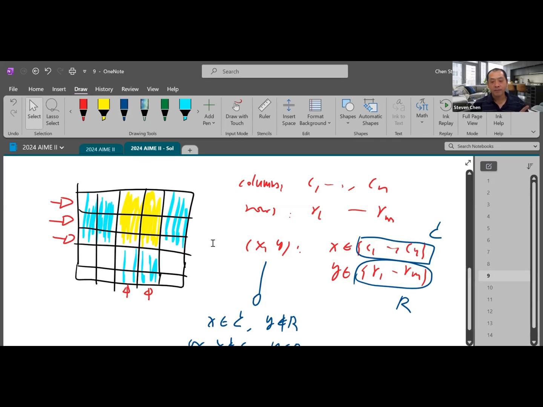Why? Just think about the following thing. Let's look at the top left corner blue cell. Suppose we put a white chip there, what happens? You put a white chip, then it creates one more column for white chips.